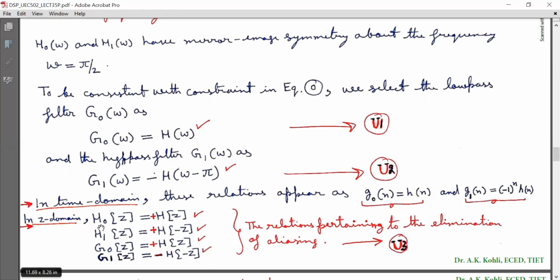In Z domain, H0(z) is equal to H(z), H1(z) is equal to H(−z), G0(z) is equal to H(z), G1(z) is equal to minus H(−z). So these are the relations pertaining to the elimination of aliasing. Mark these as U3.